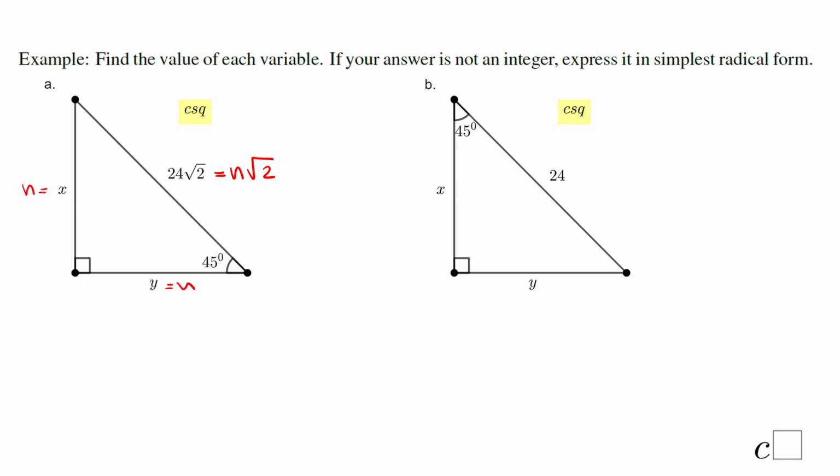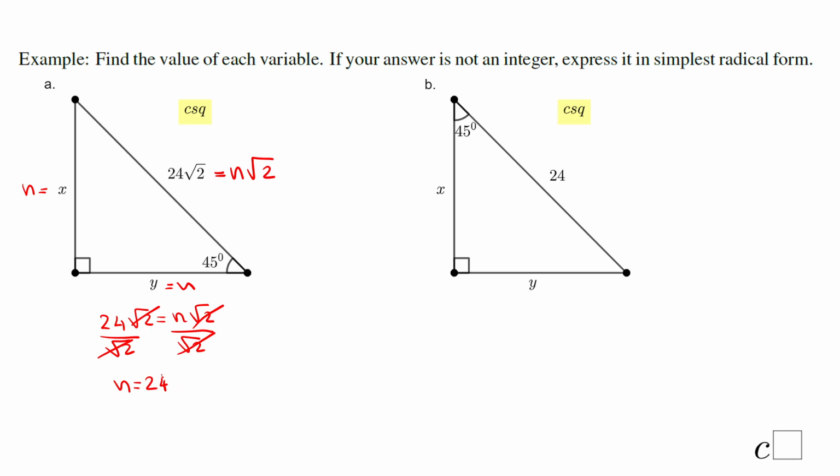So one way to do it is to solve this equation: 24 square root of 2 equals n square root of 2. Solve for n. The way you solve it, divide by square root of 2, because you want to get rid of this square root of 2. Obviously, they cancel out here in this case, not all the time, and we have n equals 24.